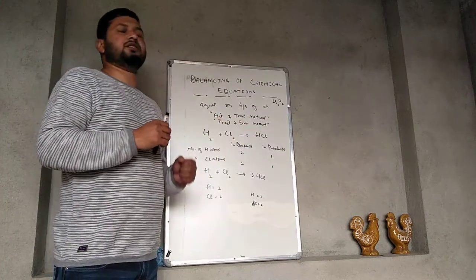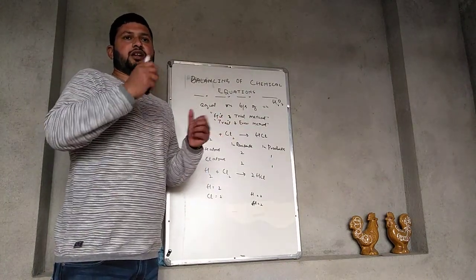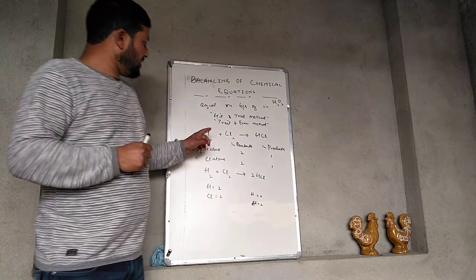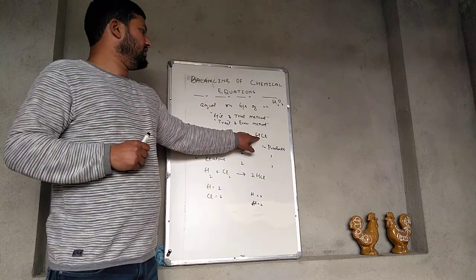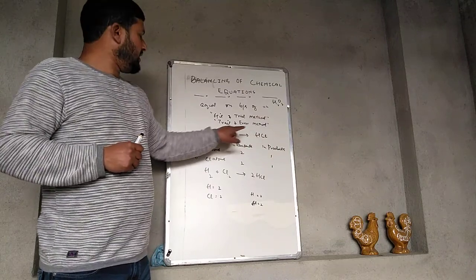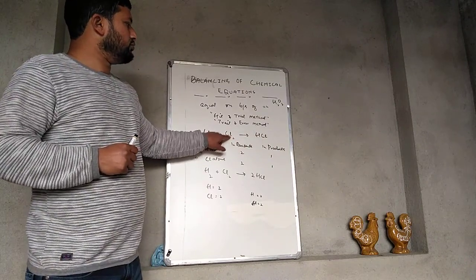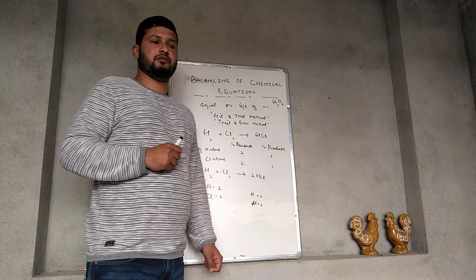Let's learn from this example what the law of conservation of mass means. Here the number of hydrogen atoms is 2, and on the product side it's 1. The number of chlorine atoms is 2, and on the product side it's 1.